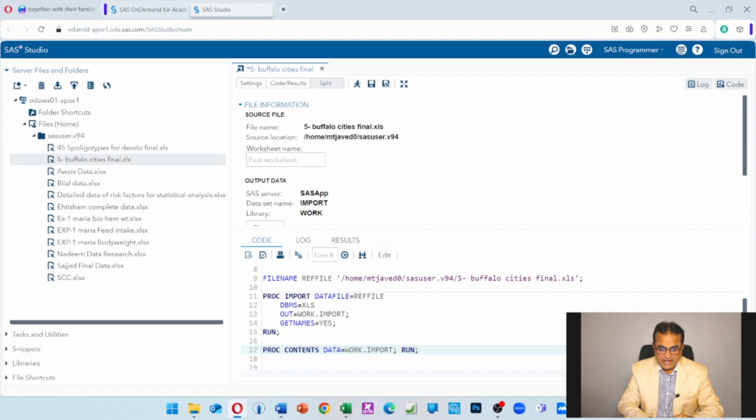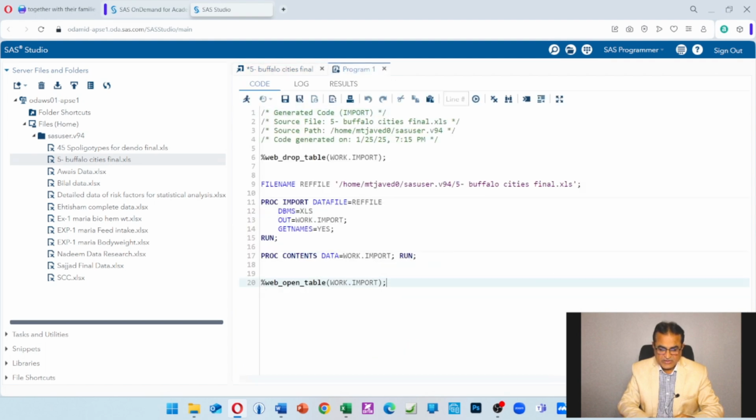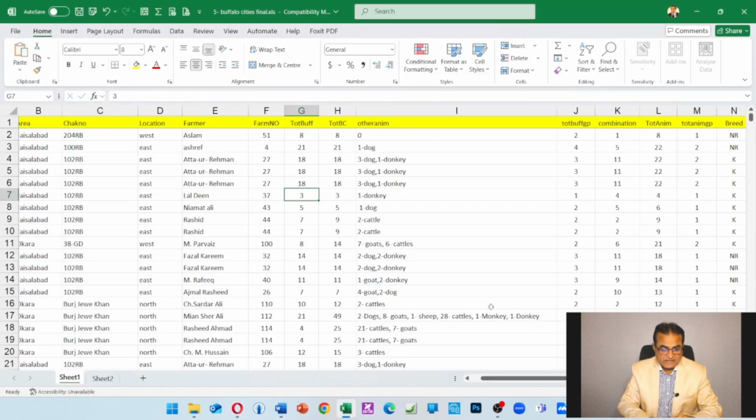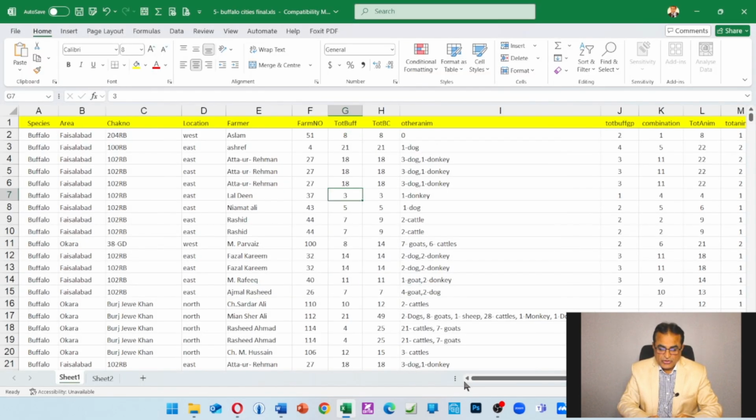So into edit in the code section, enter edit. Now we can enter 2 times, and here we will write our code. First, let us see the file, Excel file. Now, this study was conducted on buffaloes in 2 cities.